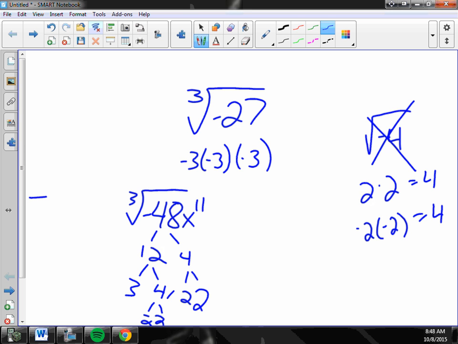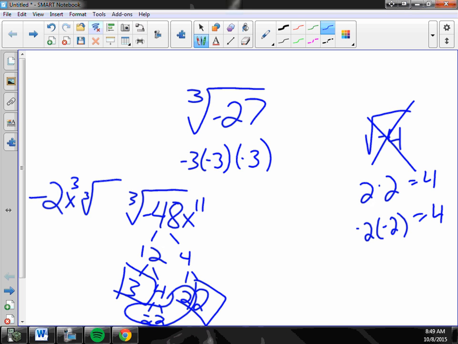Pull out a group of 2's. So negative 2. Can I pull out any x's? How many sets? 3 sets with 2 left over. So it would be x to the third, the cubed root of what's left. 3's left over, 2's left over, so that's 6. And then I pulled out 9 of the x's, so x to the second.